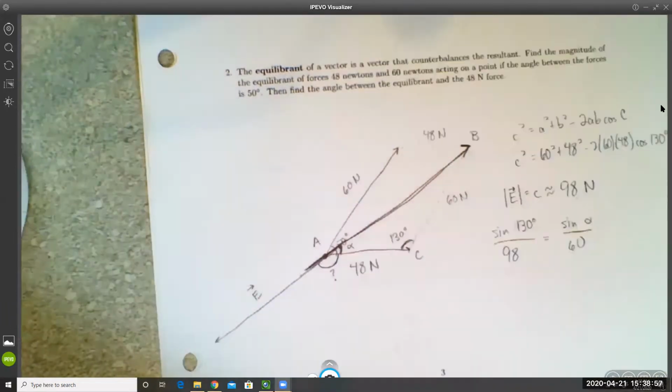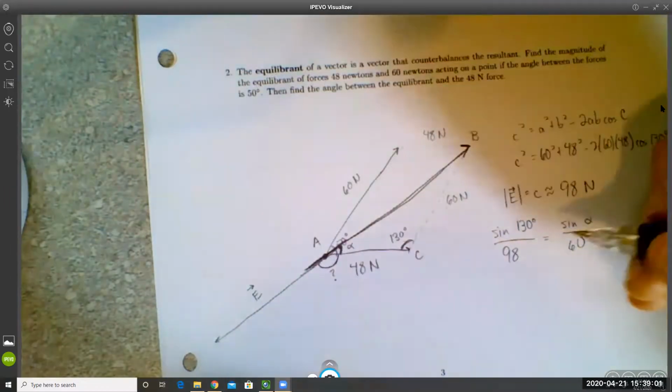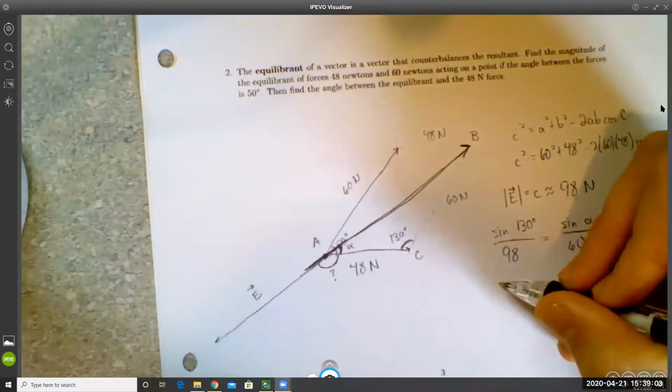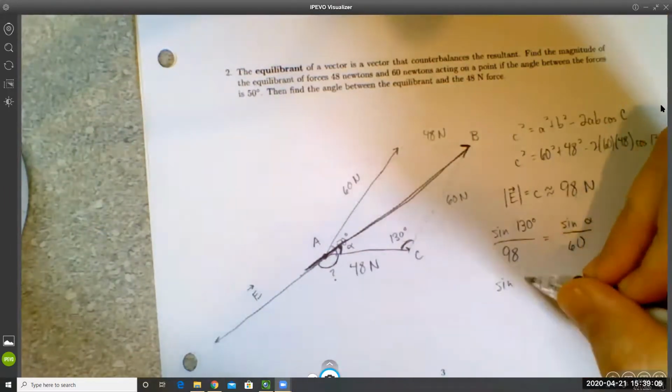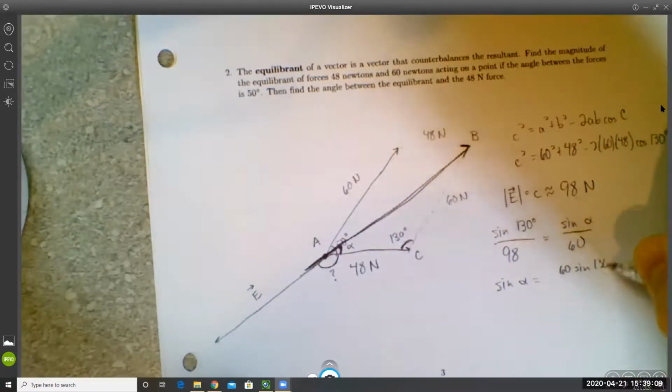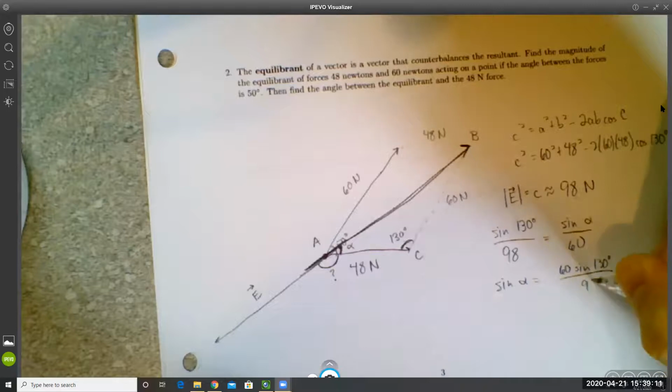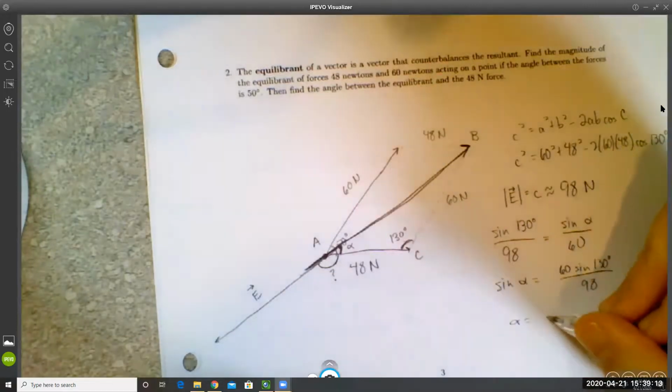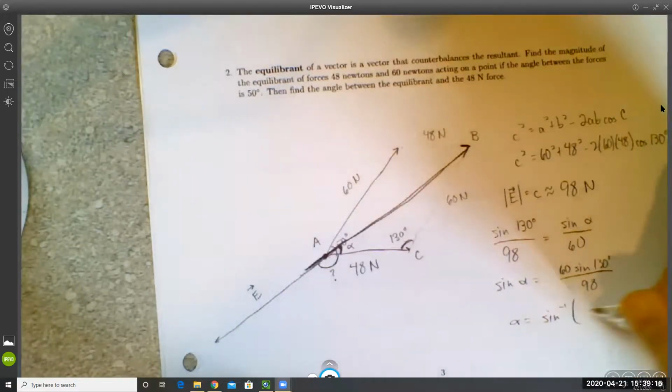And then we can solve for alpha. So sine alpha is 60 sine 130 over 98. So alpha is sine inverse of 60 sine 130 over 98.